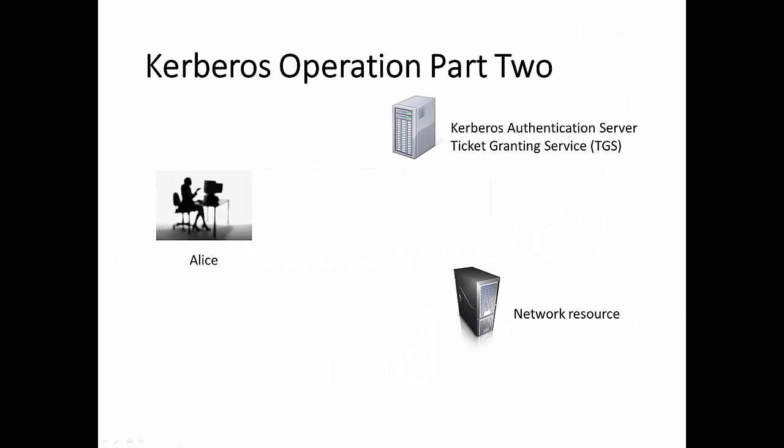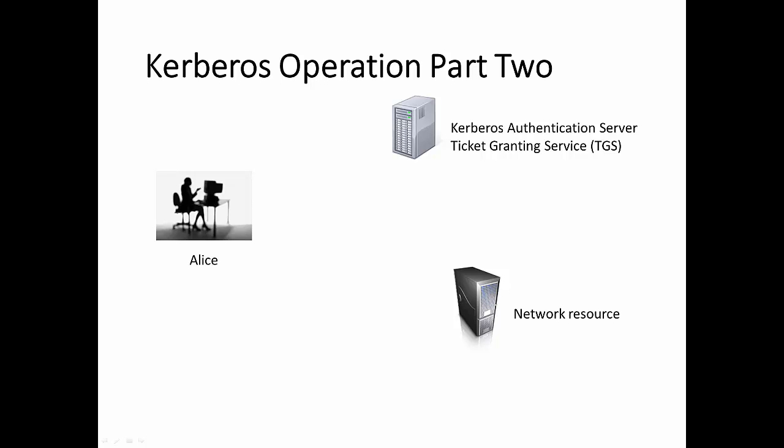So now the second half of Kerberos operation is shown here, and we still have the same elements at work, but this time, since Alice got her ticket granting ticket and the session key, she's able to request a service ticket by sending her ticket granting ticket back to the Kerberos authentication server.